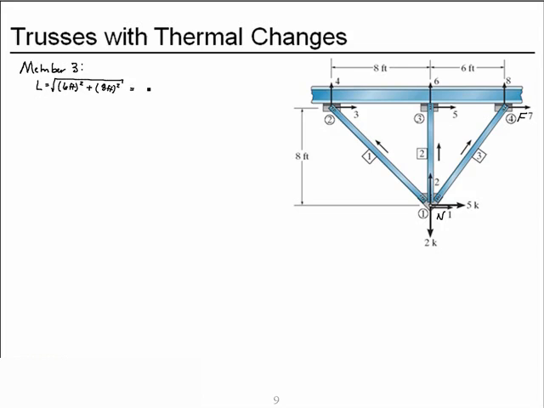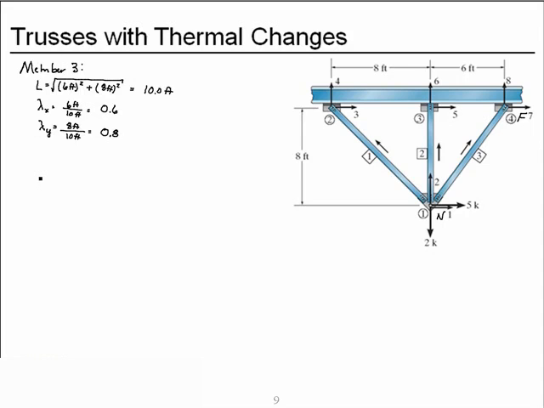Put those together, it is 10 feet long. Lambda x will be the change in x coordinate, a positive 6 feet divided by the length, positive 0.6. Lambda y is the change in y coordinate, a positive 8 feet divided by the length, so we have a positive 0.8.